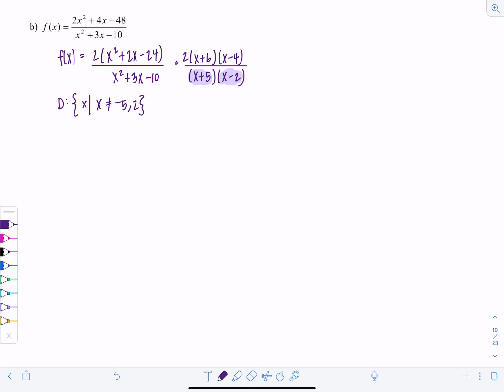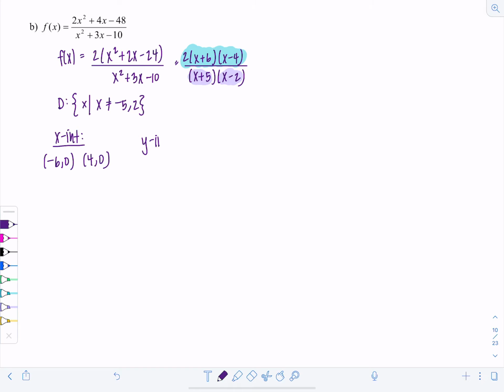Good. What about x-intercepts? Remember, you can just go straight to looking at where the numerator is 0. So if I want to find the zeros of the numerator, ooh, it's already factored for me, easy breezy. That constant of 2, that does nothing. So the x-intercepts are going to be at negative 6, 0 and positive 4, 0. Nice.